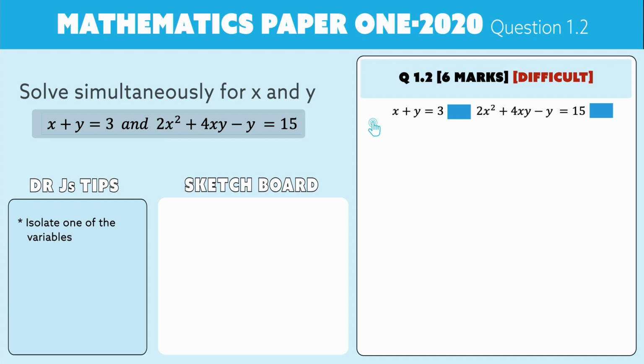You choose the one with a 1 as a coefficient. That's very important, because if it doesn't have a 1 as a coefficient, then you are going to form unnecessary fractions.